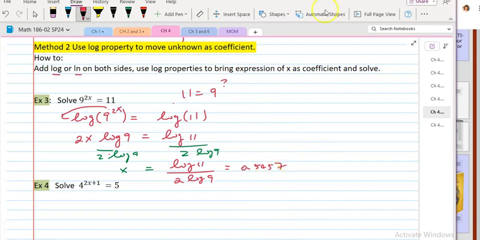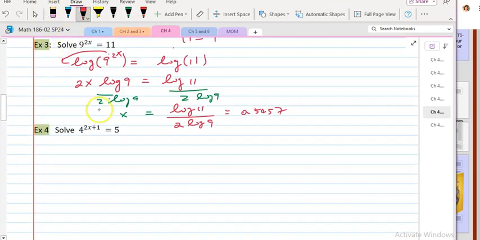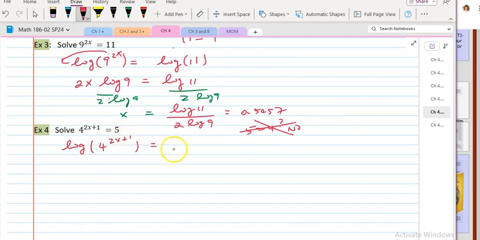That's it. Okay. So what about solve 4 to the power 2x plus 1 equal to 5? We always check if I can write 5 as a base of something, but no, right? So not possible. So I'm going to do log on both sides. Log 4 to the 2x plus 1 equal to log 5.